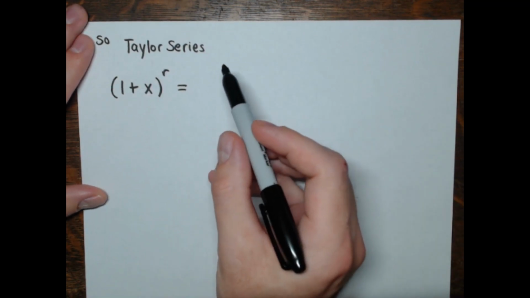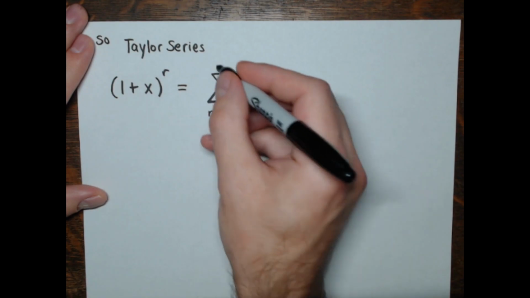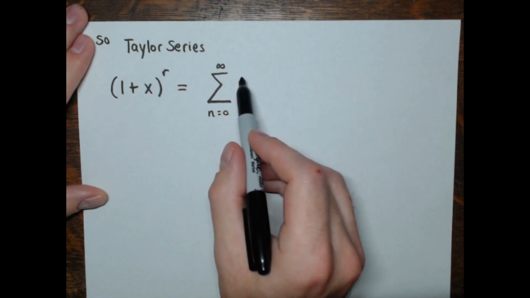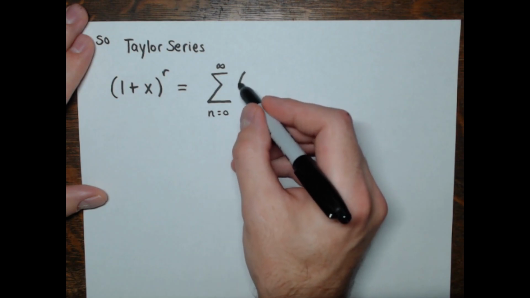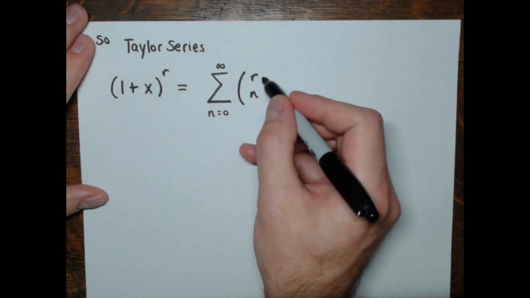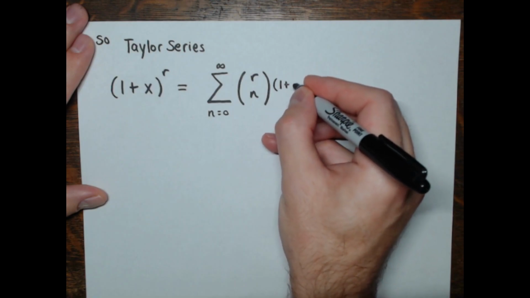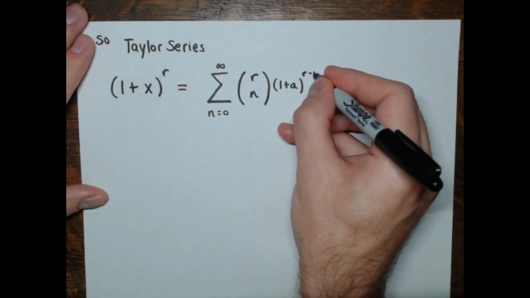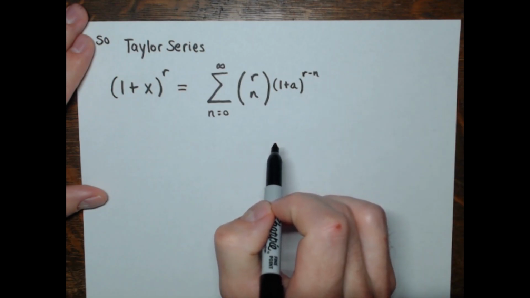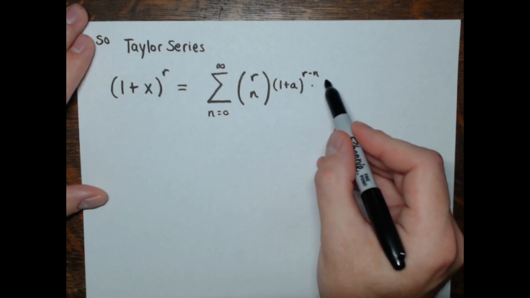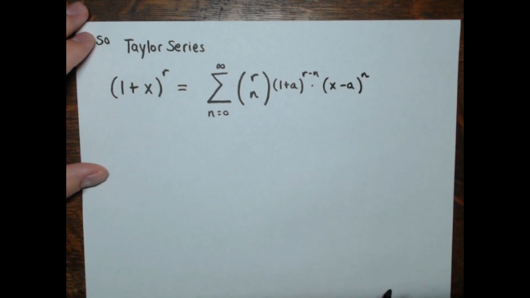So 1 plus x to the r should be equal to the sum, n equals 0 to infinity. Remember that the value of the nth derivative at a divided by n factorial was this r choose n thing, times 1 plus a to the r minus n power. That's the way the nth Taylor coefficient looked on the previous page. And then times powers of x minus a.